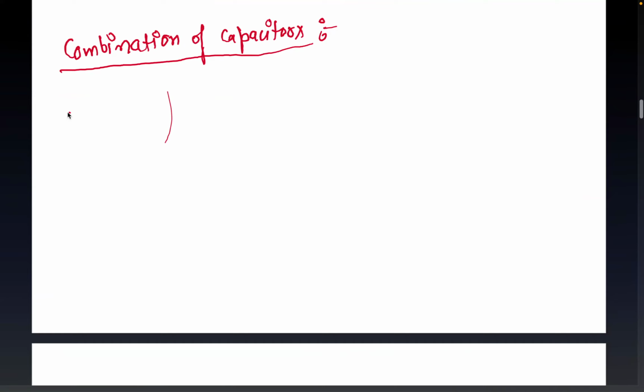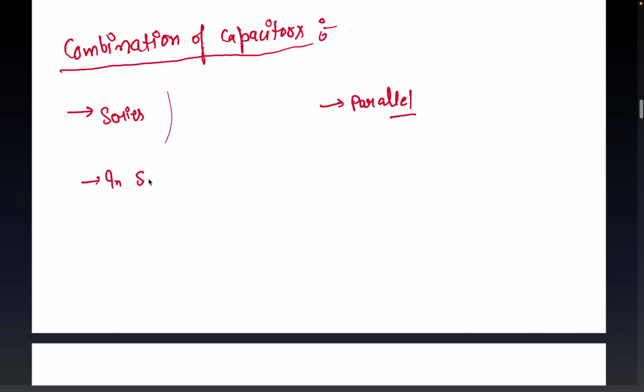So, combination of capacitors. Are you aware of the resistor combinations? Series and parallel. So we have two kinds of combination for capacitors. One is series, another is parallel. Two main things are there.